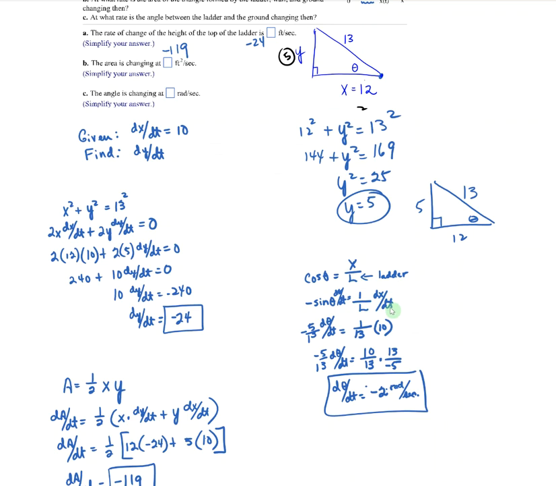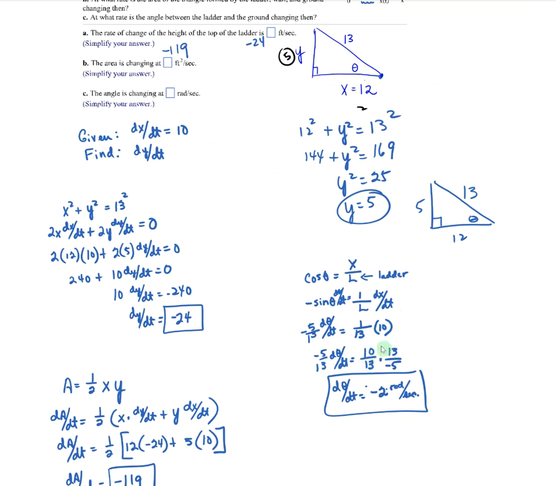At this point, we can plug in. We have negative sine theta. So if we're here, sine theta is 5 over 13. So we have negative 5/13 dθ/dt equals 1 over the ladder, which was 13, times dx/dt, which was 10.